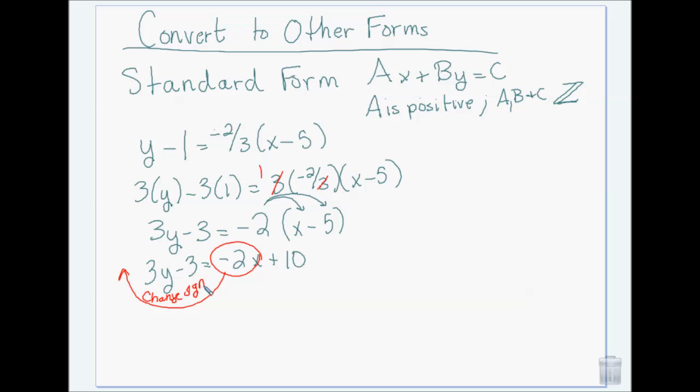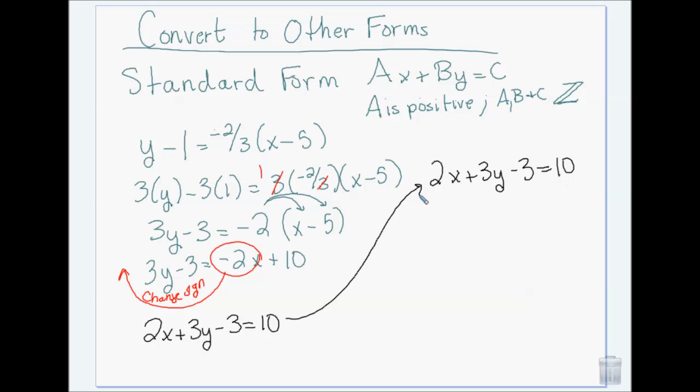Okay, so I'm going to change the sign. So that's going to give me 2x plus 3y minus 3 equals 10. Which I'm going to rewrite over here. Then I'm going to add 3 to both sides.